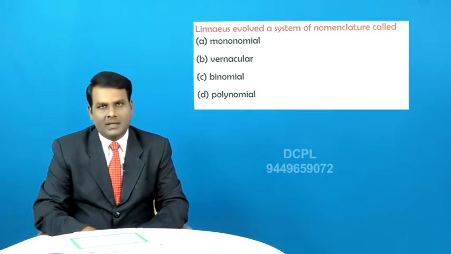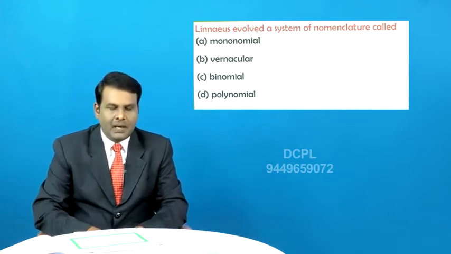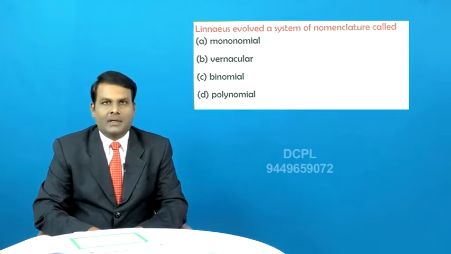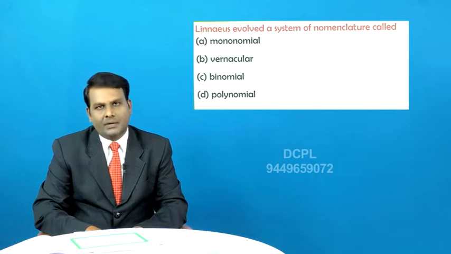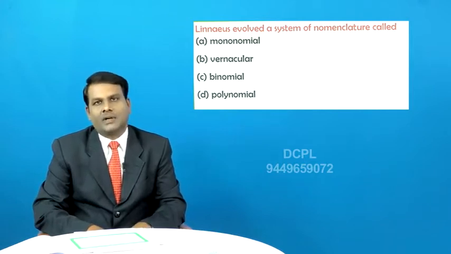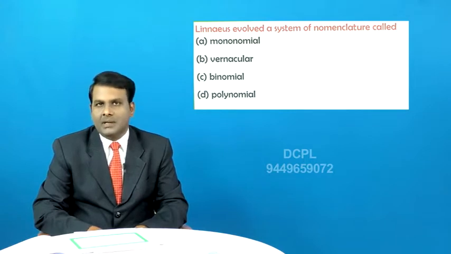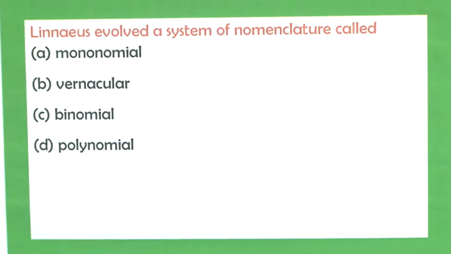That is not in place and is not accepted. And option B is vernacular nomenclature. Vernacular nomenclature is the common name referring to the same species in different languages. It has a lot of confusion because there may be many vernacular names for the same species, and two different species may be referred to by the same vernacular name.